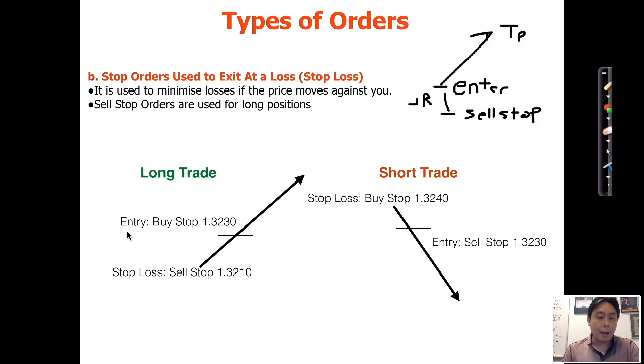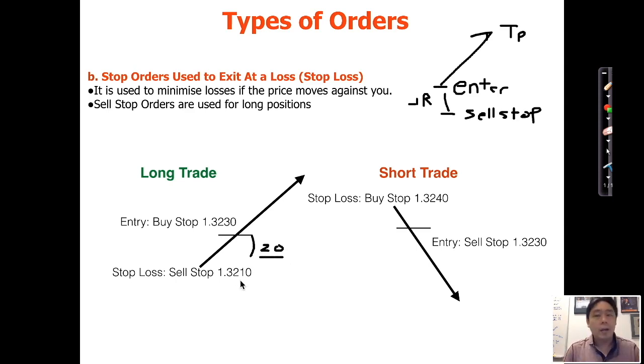So in this case, I'm entering at 3230, taking a long trade. So I place a stop loss, which is a sell stop order at 3210, 20 pips below my entry price. So if the price goes to 3210, what happens? That's right, it's a stop order.